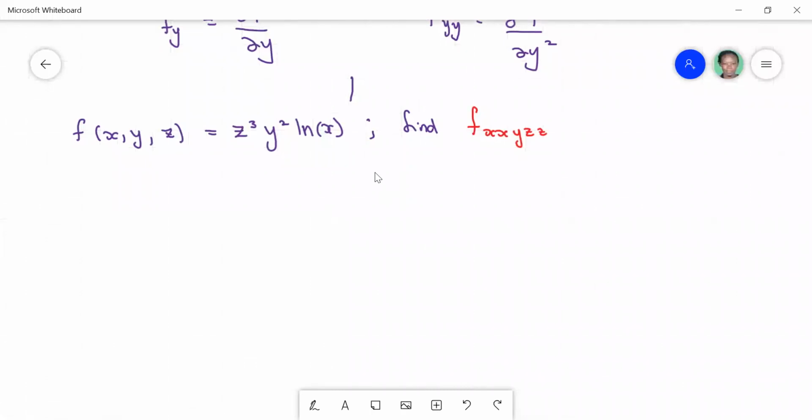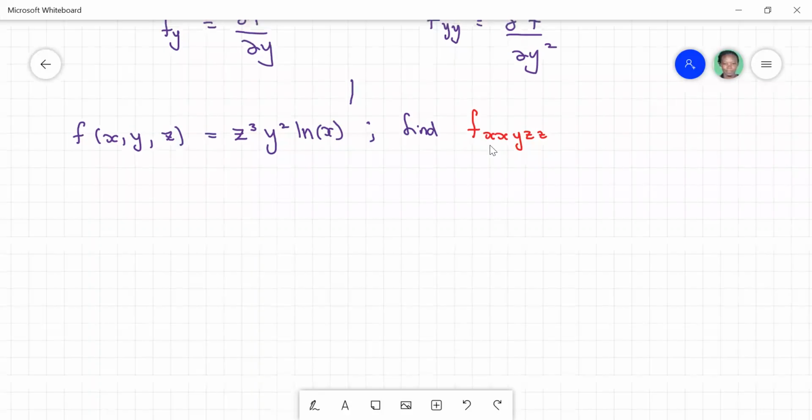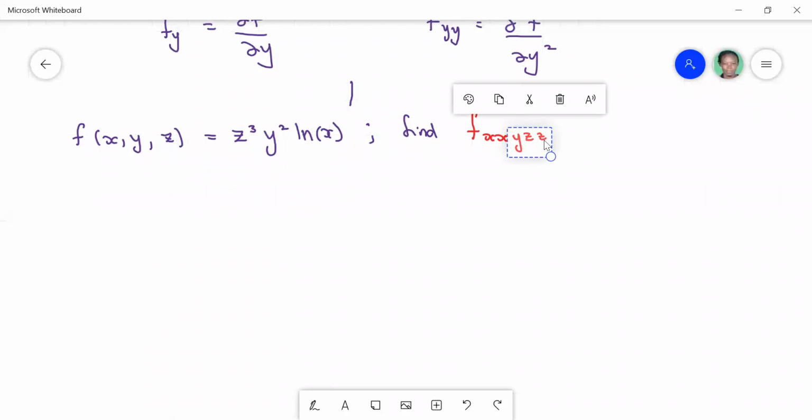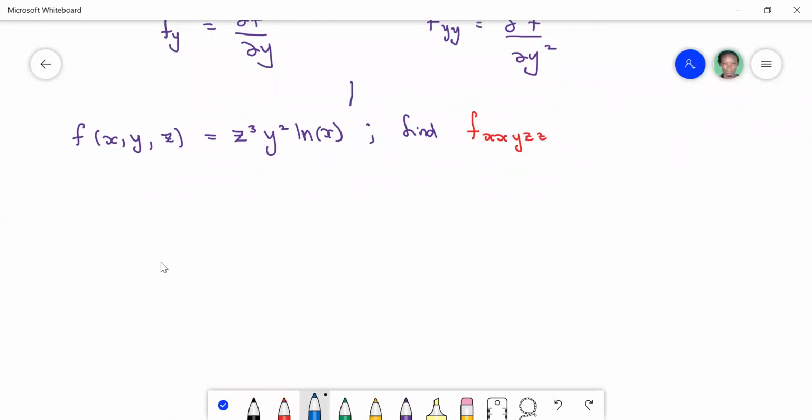So this is what we want to do. You have the function and you want to differentiate, find a partial derivative. You first differentiate with respect to x, differentiate again with respect to x, then y, z, z again. So we are going to use this example to look at that. So I first have my partial derivative with respect to x. We are differentiating this function with respect to x.